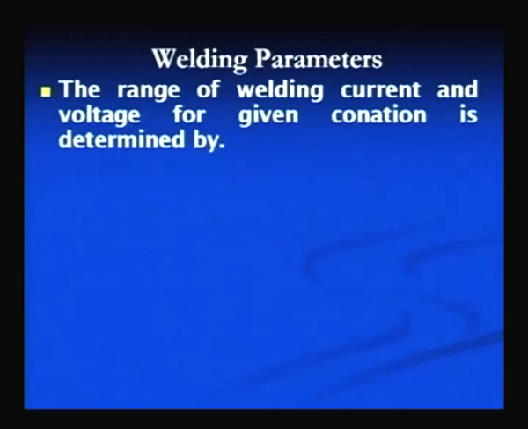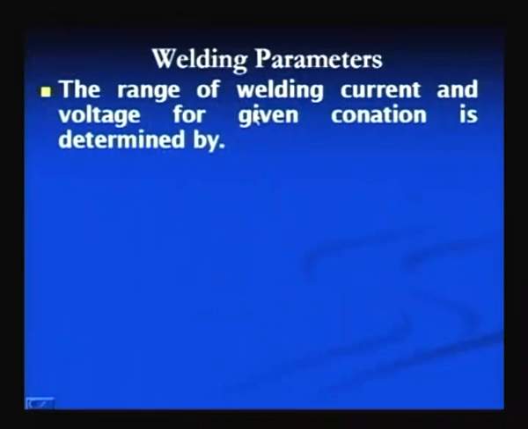There are a number of welding parameters which significantly affect the performance of the weld joint, and these parameters are of different types, like the welding current, welding voltage, welding speed, electrode wire, and wire feed rate.